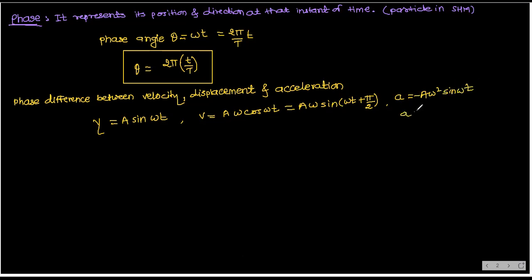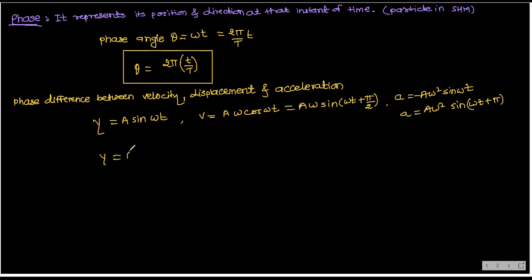I will do one arrangement because I want to remove this minus sign. So this minus sine omega t I can write as A omega square sine (omega t plus pi). The minus sign went.